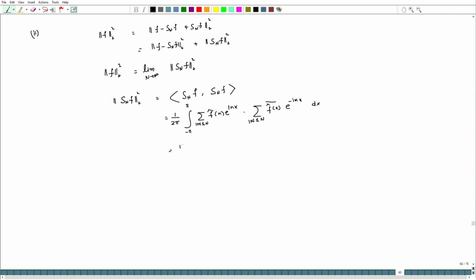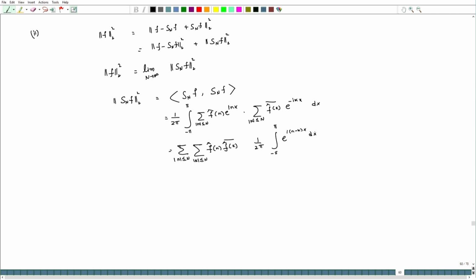So, we will pull out the sums: the sum over mod n less than or equal to n, then the sum over mod k less than or equal to n, f hat of n, f hat of k bar, times 1 by 2 pi, integral from minus pi to pi of e to the power i (n minus k) x dx.